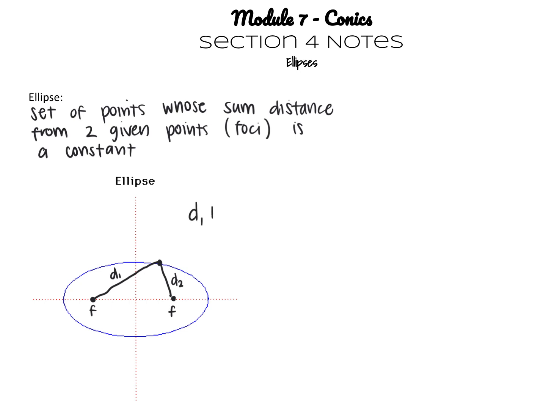And what it tells me is when I add those two distances together, I get some constant that we'll call K. And it works the same way with every point on the ellipse. So if I have a separate point and it has a distance, let's call it L1, and a distance L2, the sum of those two distances also equals that same constant K.